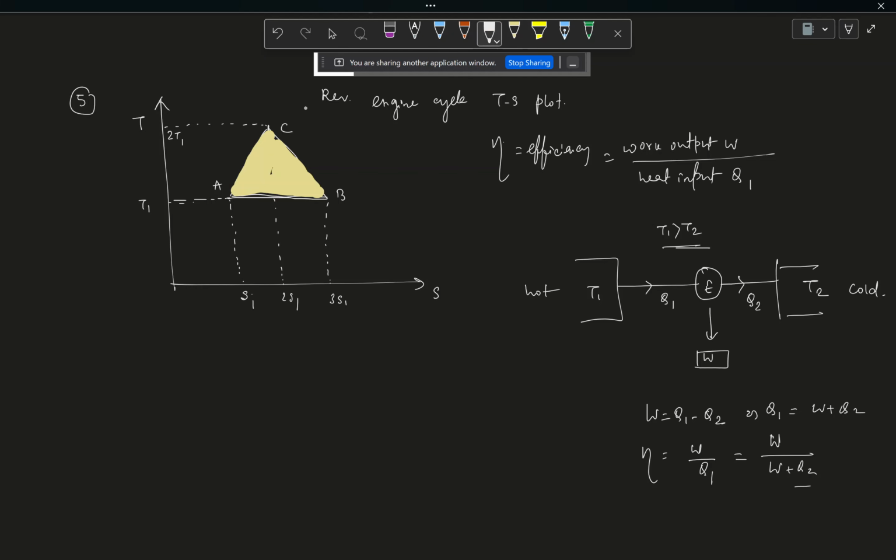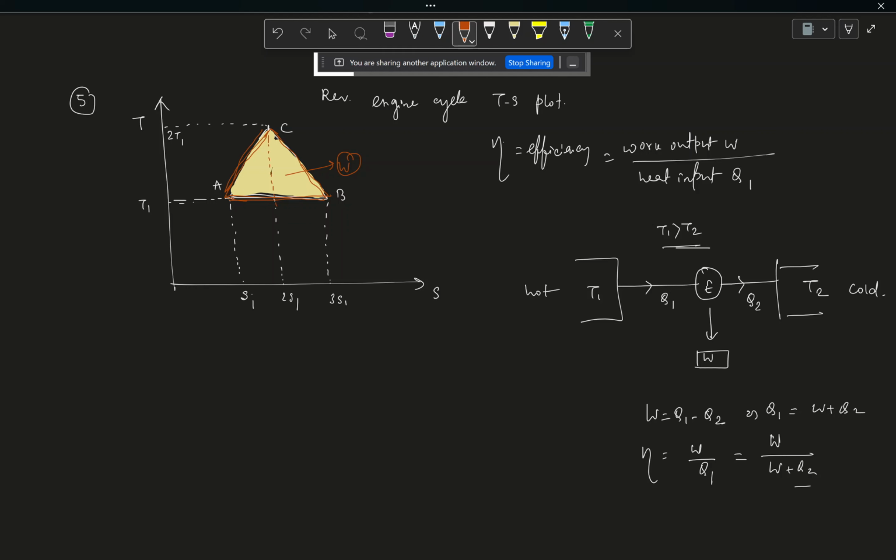The boundaries are not seen, so let me draw them once again. This was our triangle boundary ACB, and this is your 2S1 line. So this area is your work done W. If you calculate the area of the triangle, you will get the work done from this engine.